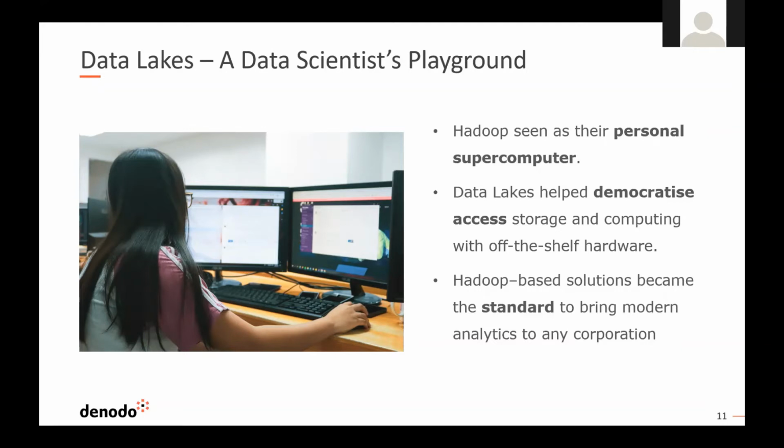And so while data lakes allowed us to get the repository that contains the complete view of the data, it doesn't necessarily allow us to get access to the data because we have to have the right skills.